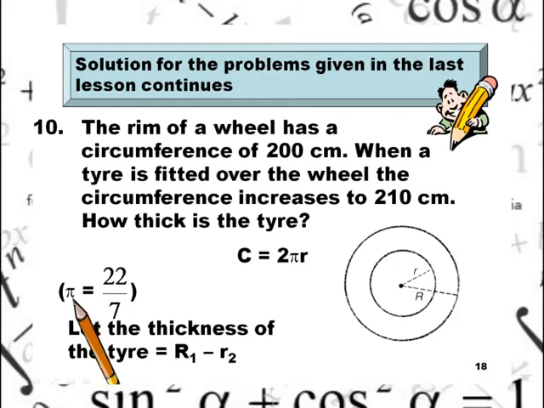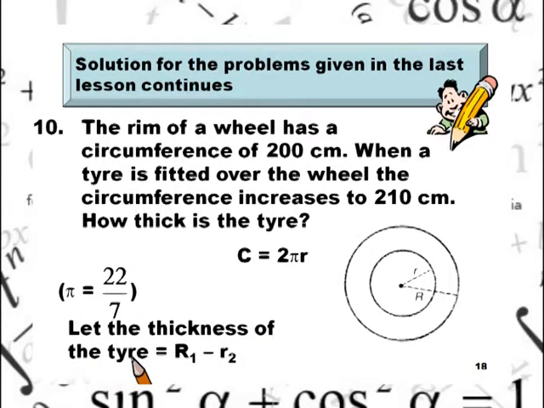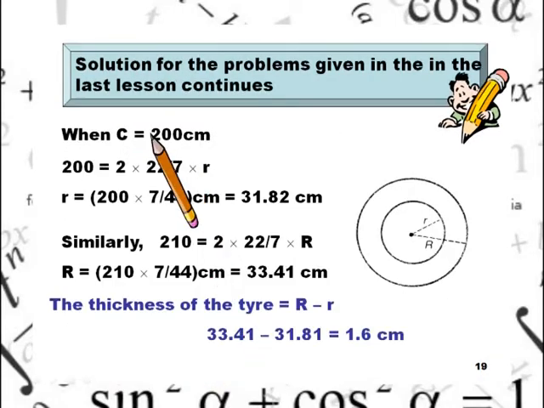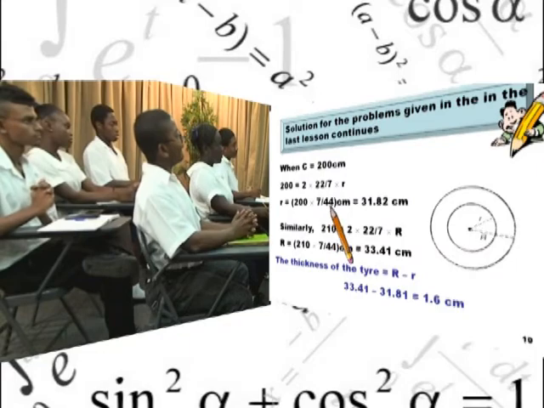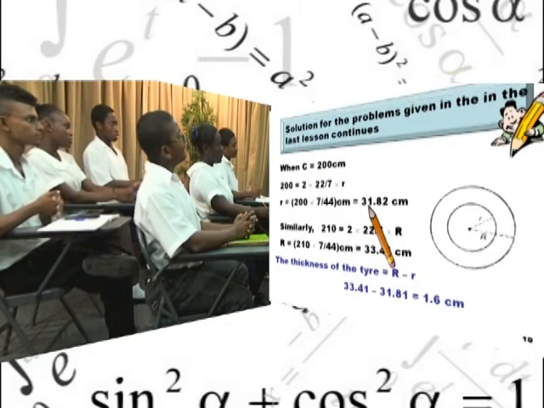Pi equals 22/7. Let the thickness of the tire equals R1, take R2. When C equals 200 cm, 200 is equal to 2 by 22/7 by R. R is equal to 200 by 7 divided by 44 cm, and that's equal to 31.82 cm.